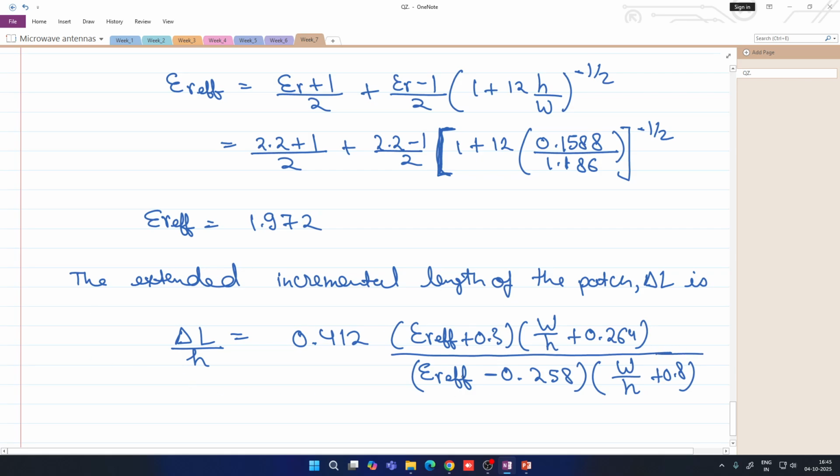For the derivation of these formulas you can refer to Balanis's book, in the chapter on microstrip antennas.